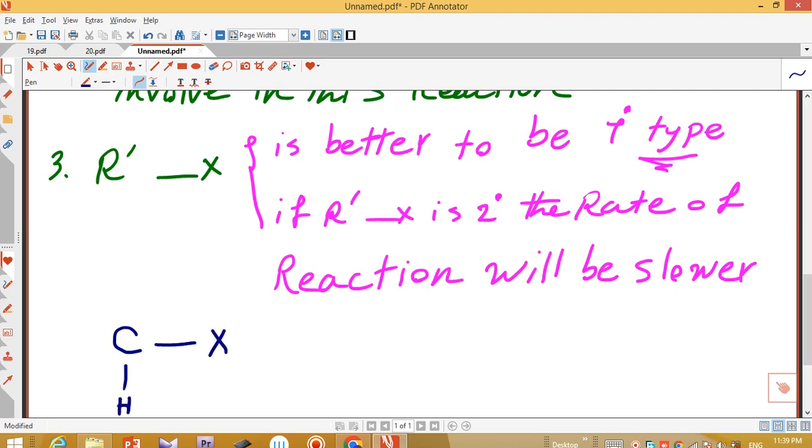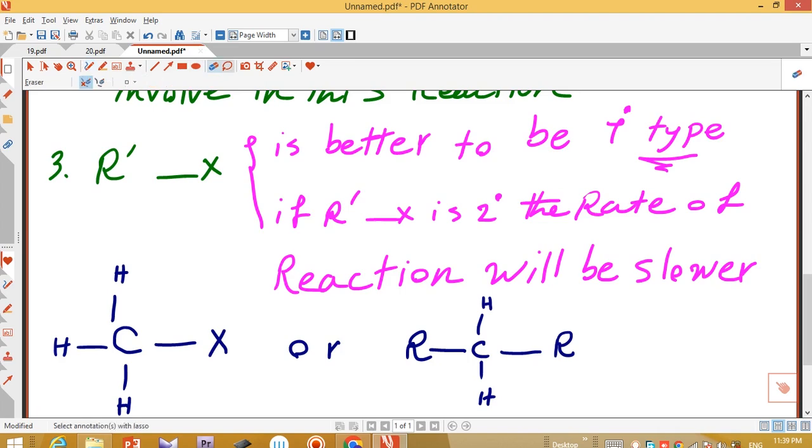Okay, here we have methyl halide, and also this is the best condition. Also we can have, for example, CH2 connected to a halide.